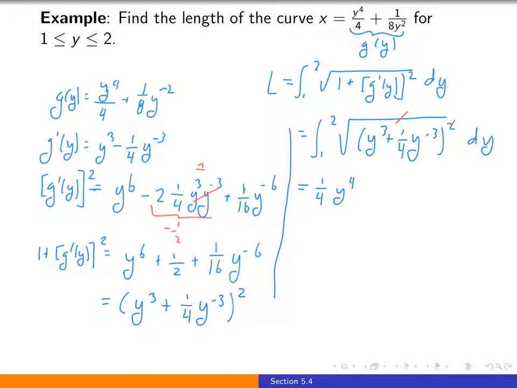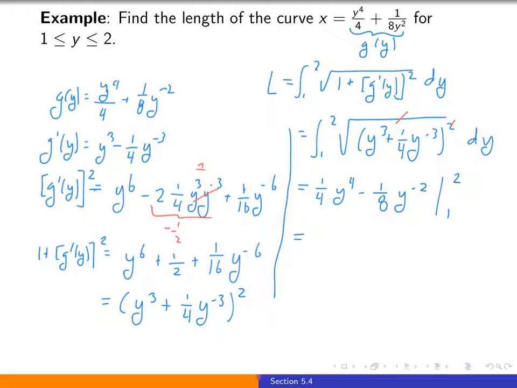In the second term, we have minus 3, so minus 3 plus 1 is minus 2. So we get plus 1/4 over minus 2, so that'd be minus 1/8 y to the minus 2, and we evaluate from 1 to 2.